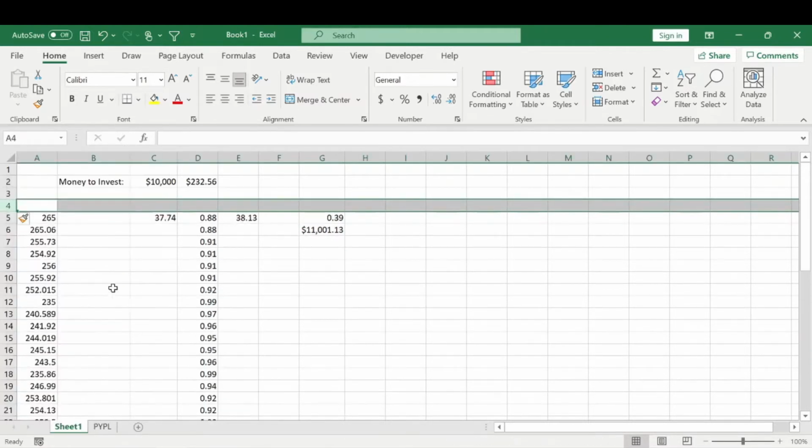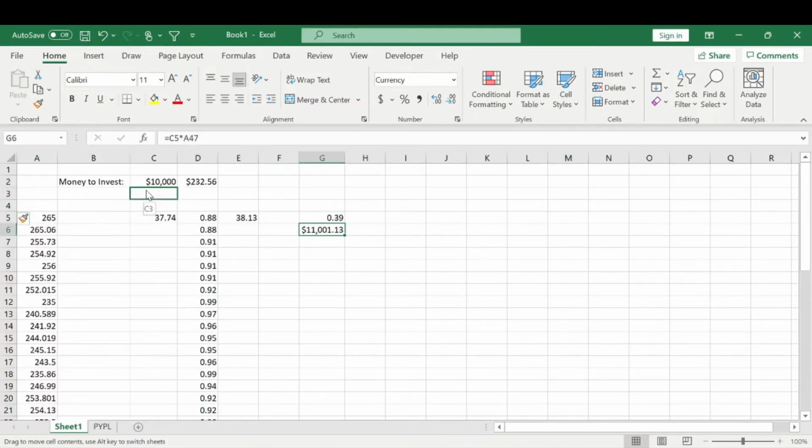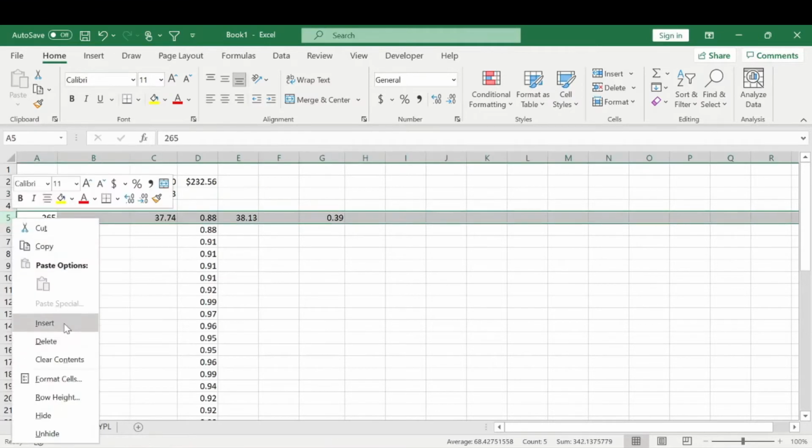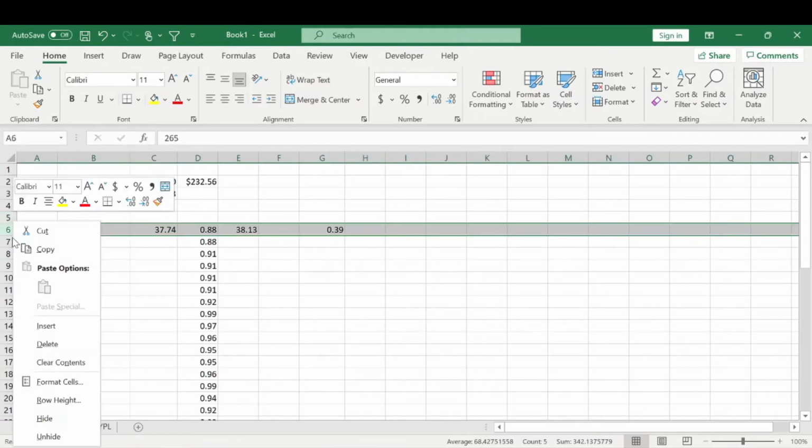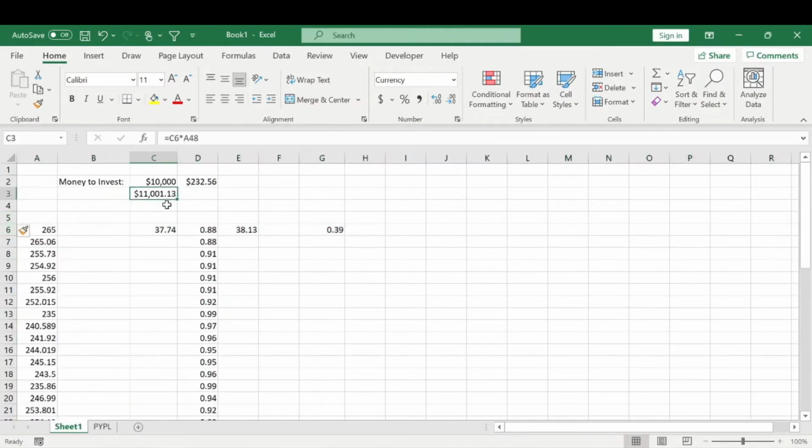Let's make this look a little nicer. So we're actually going to drag that over here. Add another column, and so we essentially earned $1,001.13. So now let's compare that to the 38 shares we bought by dollar cost averaging.